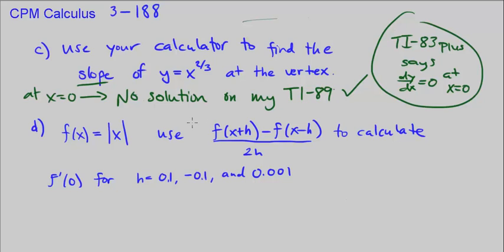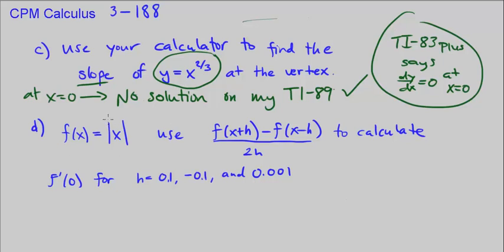Part of the reason most graphing calculators incorrectly determine slopes at the vertex of an absolute value graph, as well as other cusps, like this one has a cusp, is because they use the symmetric difference quotient to calculate the slope of a tangent.